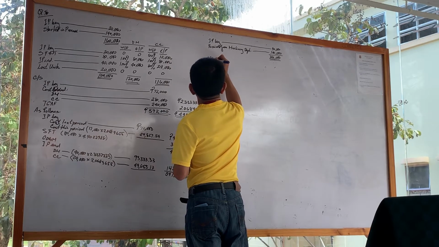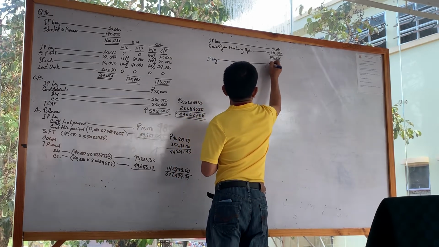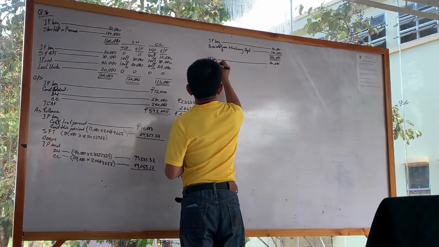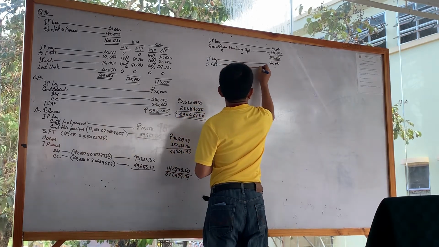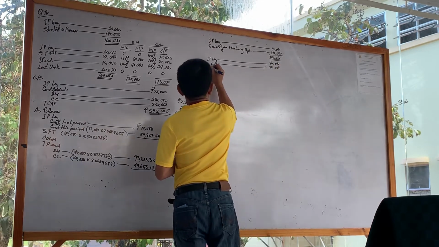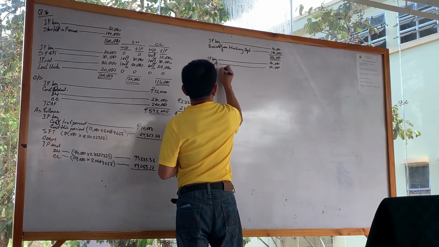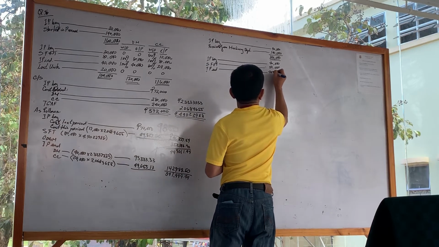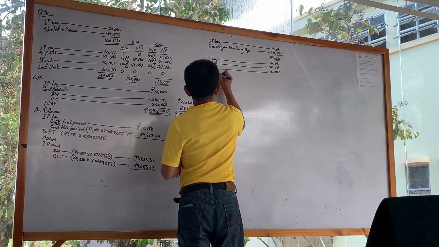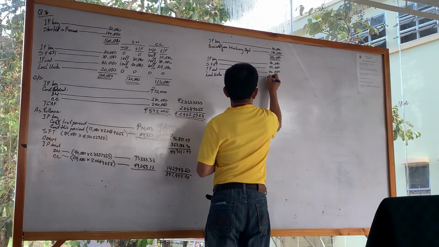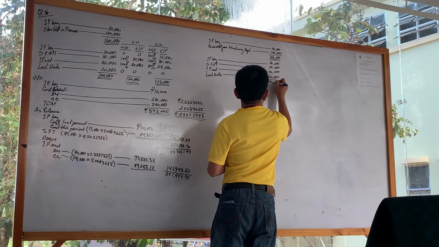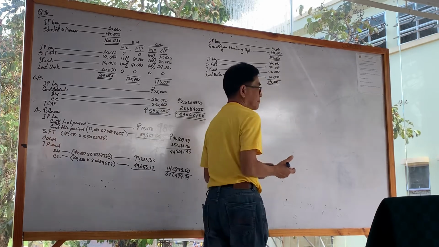In process, beginning 40,000. Started, finished, and transferred 50,000. In process, ending 40,000. Lost units, which is normal, 10,000. Total 140,000.